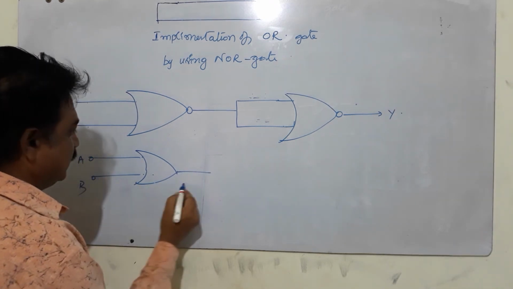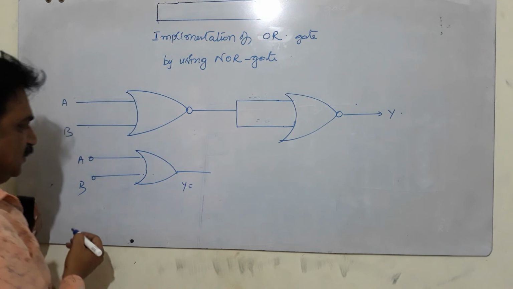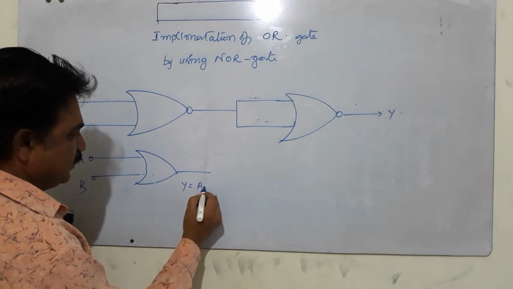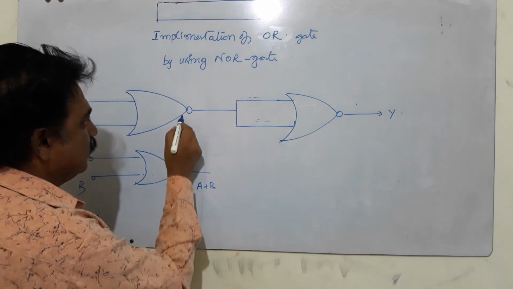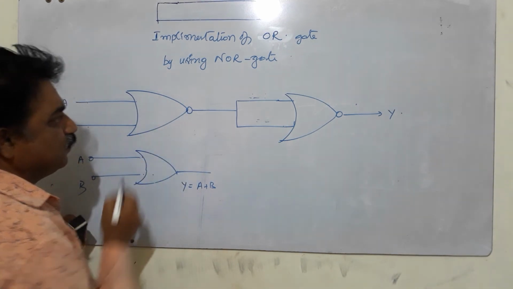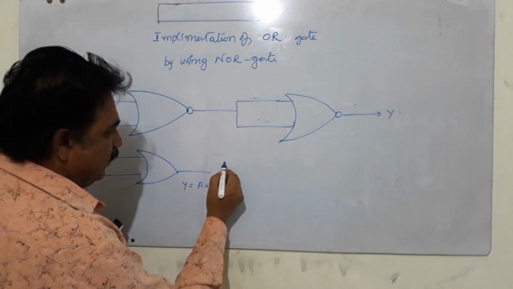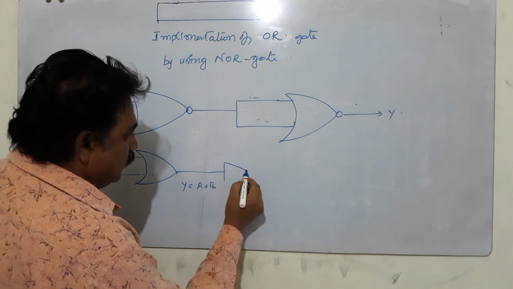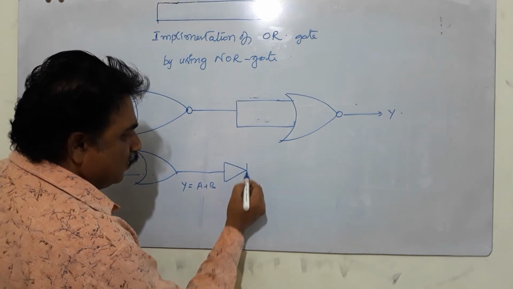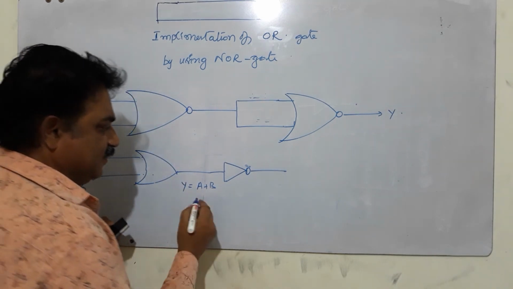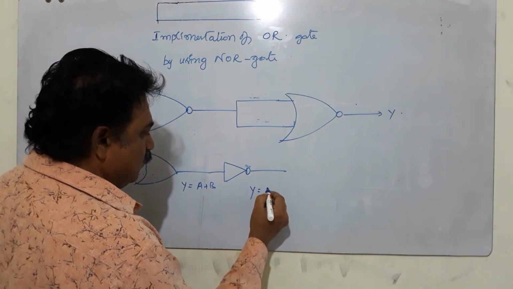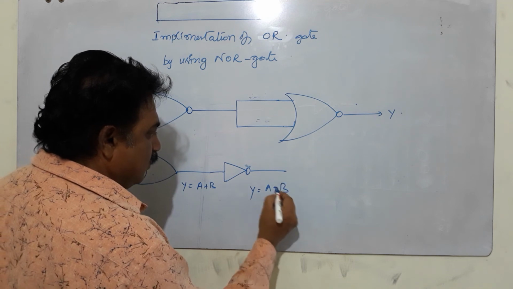The result for this OR gate is Y is equal to A plus B. And later, this is passed through NOT gate. That means now this is passed through NOT gate just like this. What will be the result? Y is equal to A plus B whole bar.